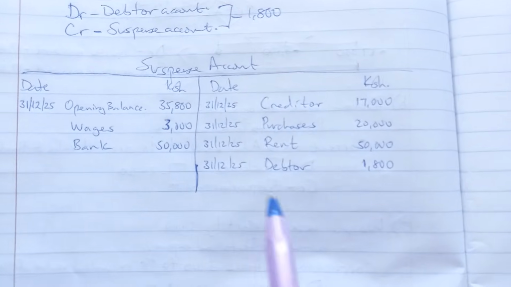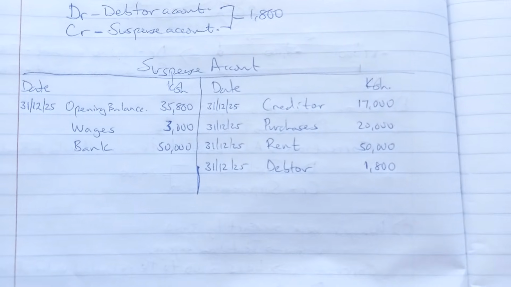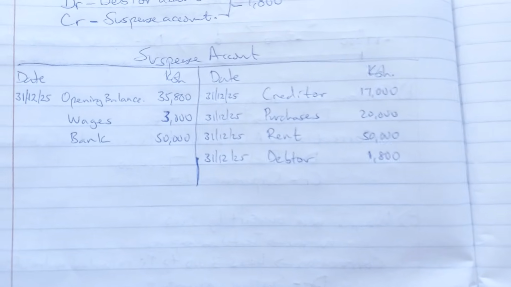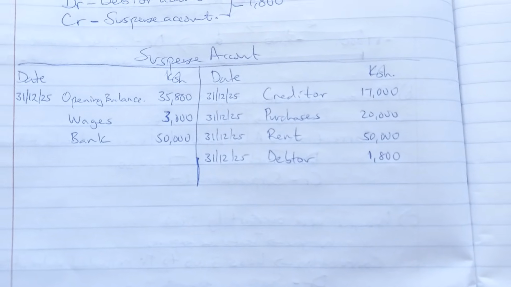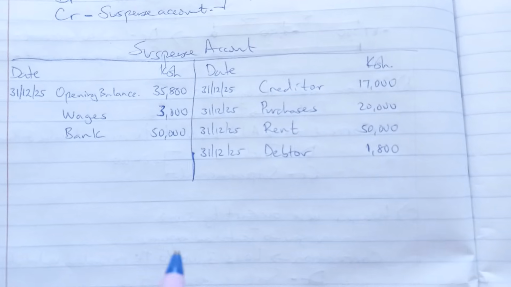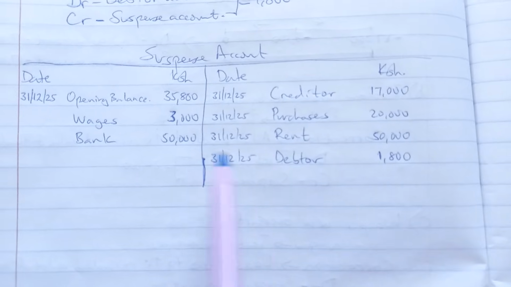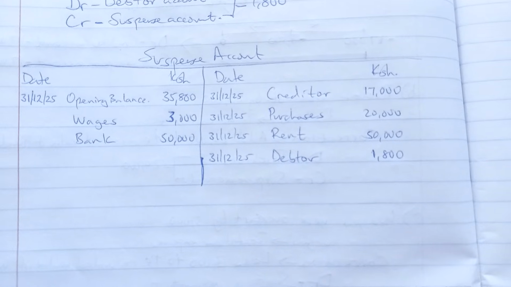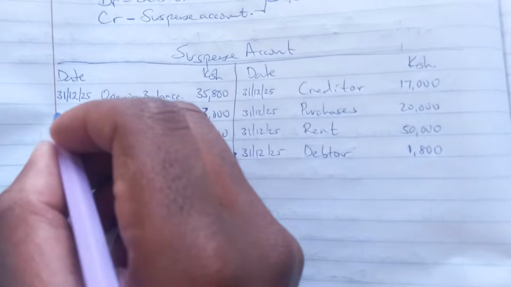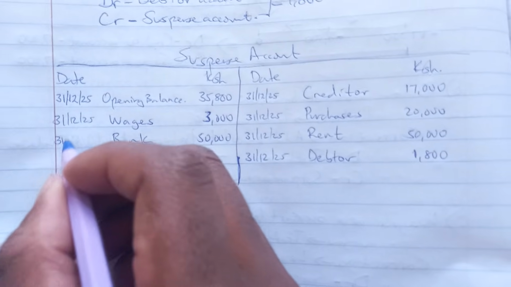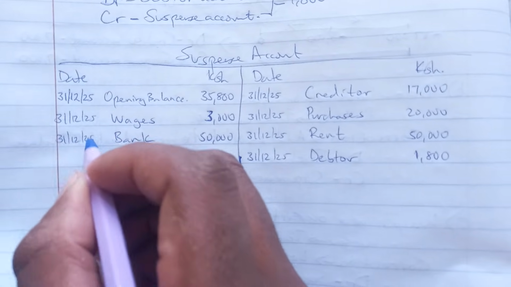If you look for the balance and see a positive or a negative balance, just know that you've gone wrong. It should be 0. So let us see. 31st 12 2025.